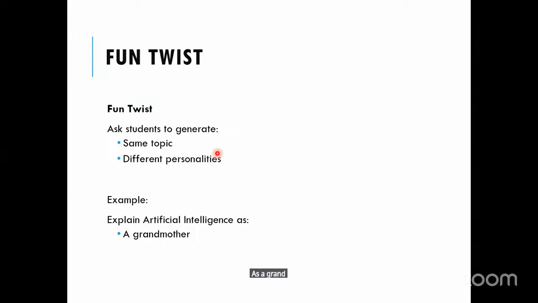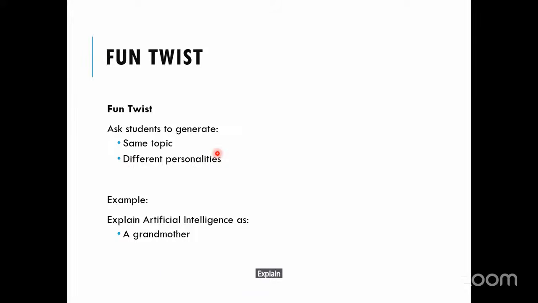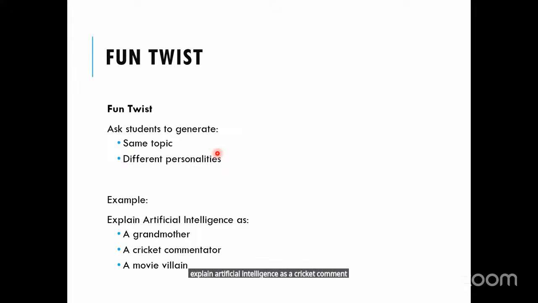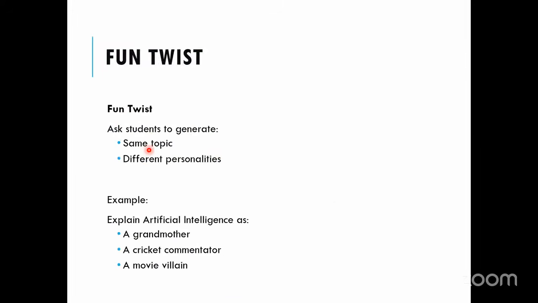If a grandmother is explaining what artificial intelligence is, how will the response be? Explain artificial intelligence as a cricket commentator. Explain artificial intelligence as a movie villain. So we have the same topic, but three different personalities. Just try this.